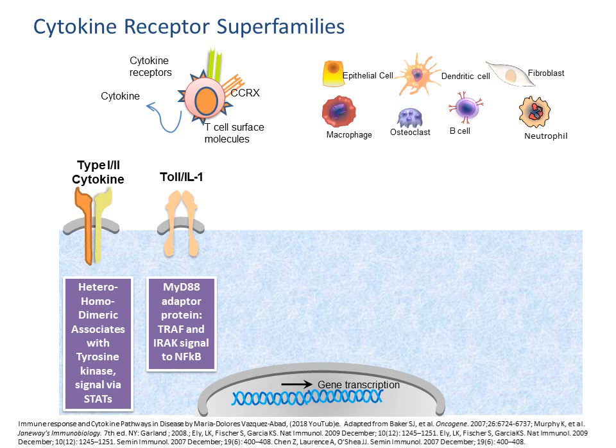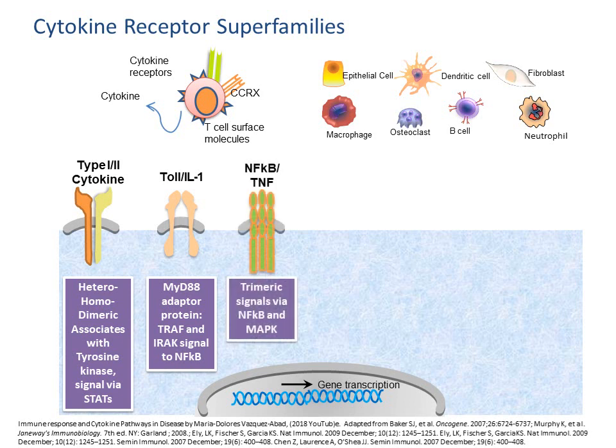It involves MyD88, an adapter protein that will produce several intracellular messengers for the signal activation, which are TRAF and IRAK signals, and then they go to NF-kappa B for gene transcription. So signaling internally, the first one is tyrosine kinase and STATs, and the second one includes TRAF, IRAK, and NF-kappa B.